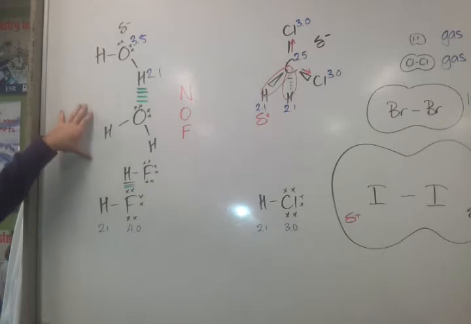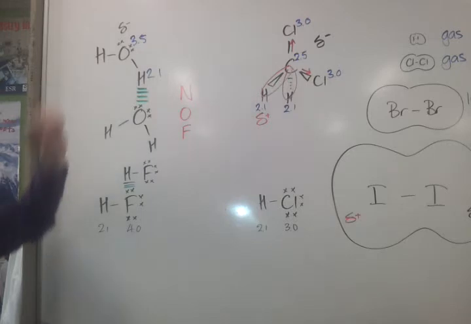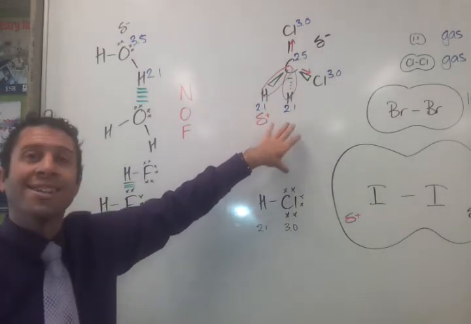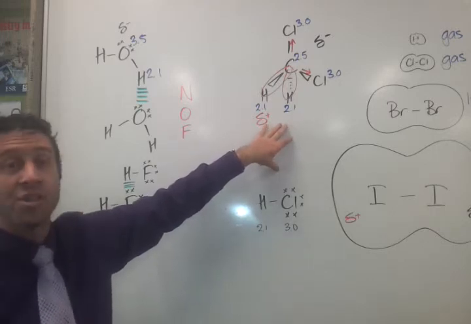Hydrogen bonds, which are really strong, are between the lone pair of electrons of an oxygen, fluorine, or nitrogen atom, and a neighbouring hydrogen, which is bound to one of those atoms as well. You've got permanent dipole forces, which are an example of Van der Waals or London forces, which you might have learnt last year.